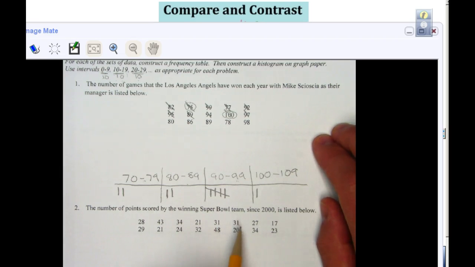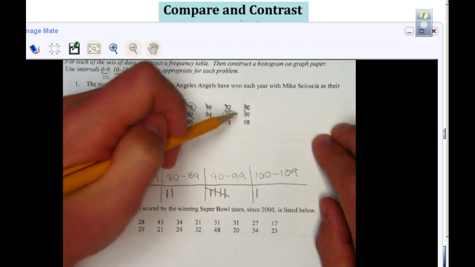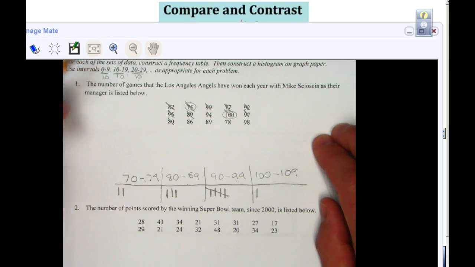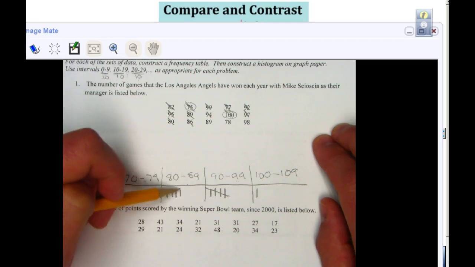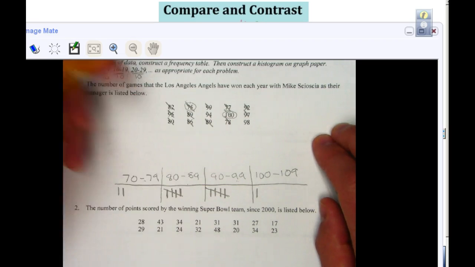It'll make it easier to count up if there's a lot of groups. Okay, so fifth slash, always do sideways. Okay, and then we go to 80, 86, 89, another fifth, so I'm going to slash sideways. Okay, 78, and 98.